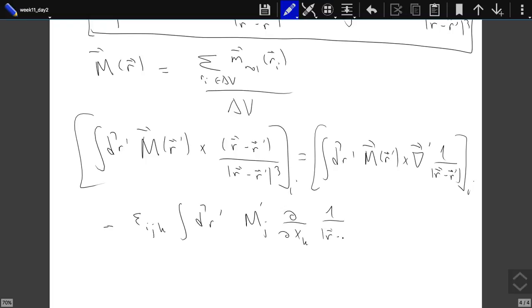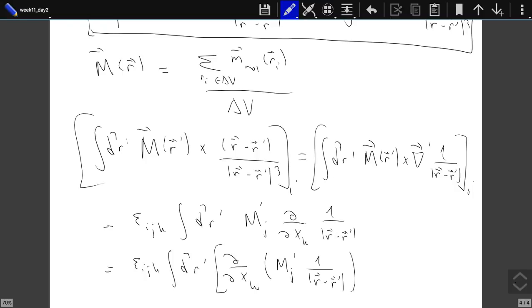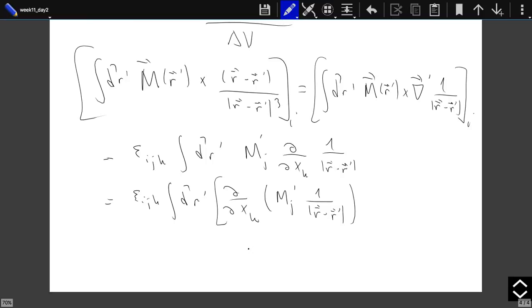times del over del x_k of 1 over |r minus r prime|, which is equal to epsilon i j k integral d cubed r prime, del over del x_k prime of m_j prime times 1 over |r minus r prime|, minus 1 over |r minus r prime| times del m_j prime over del x_k prime.